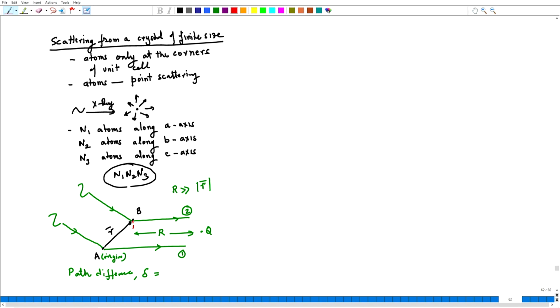I drop a perpendicular from the point B onto ray 1, and I drop another perpendicular from point A onto ray 2, and let me label these points as C and D. So, the path difference delta is nothing but AC minus BD.